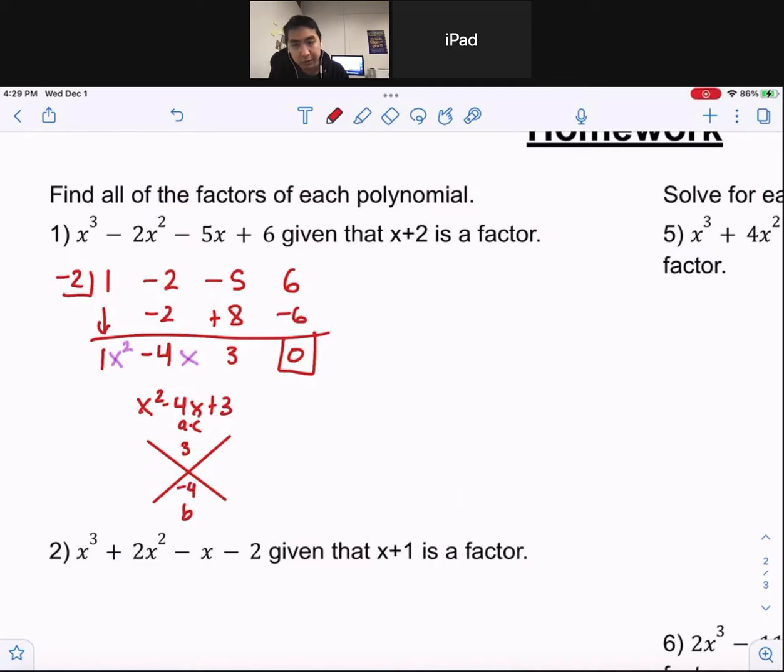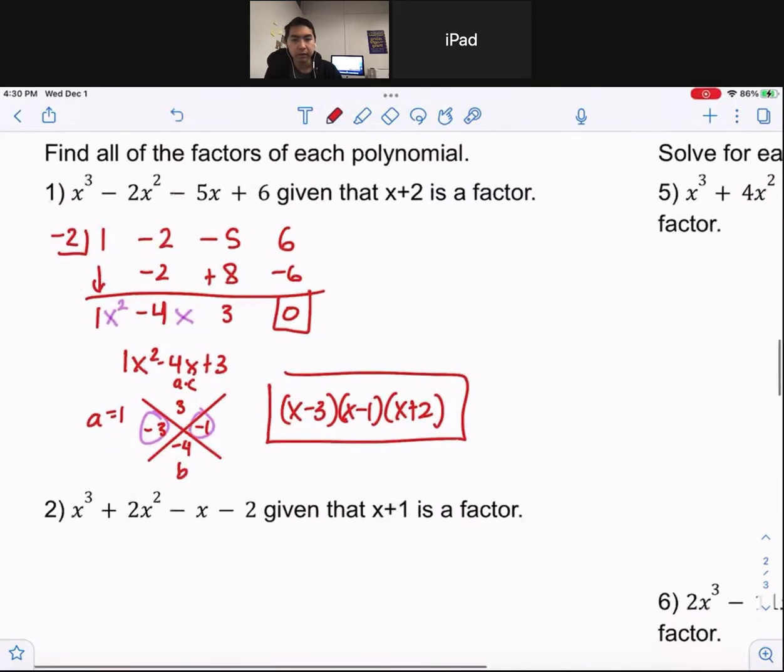The two numbers that multiply to 3 but add to -4 are -3 and -1. And since a is equal to 1, you just use the two side numbers. So we have factors of x minus 3 times x minus 1, and then don't forget the factor that they already stated, the x plus 2.